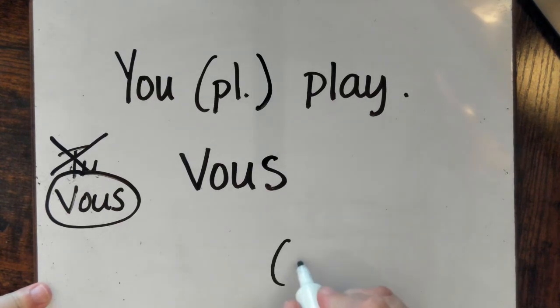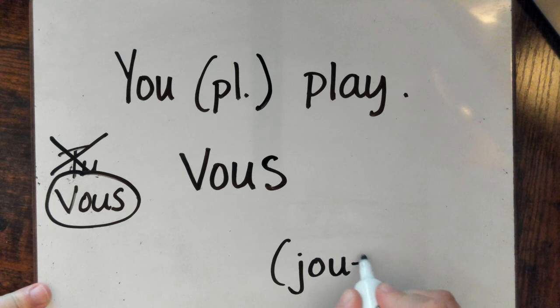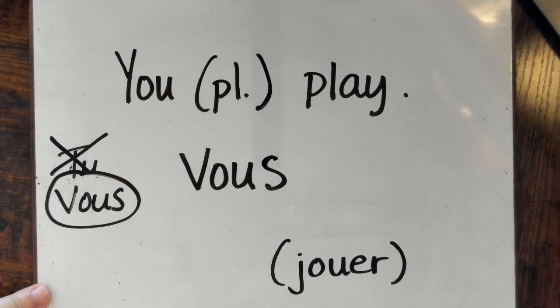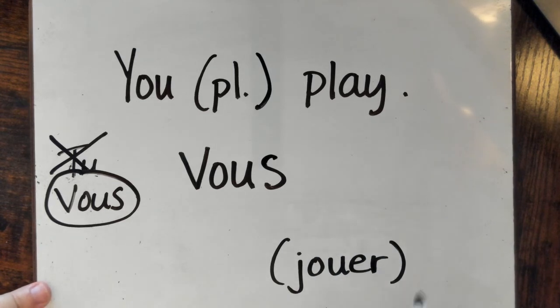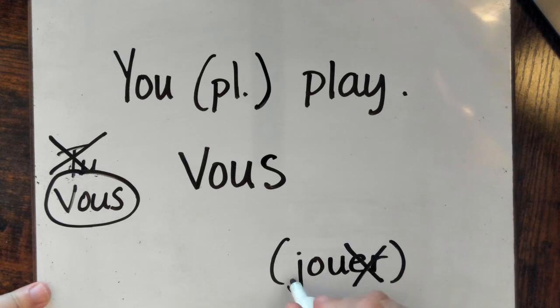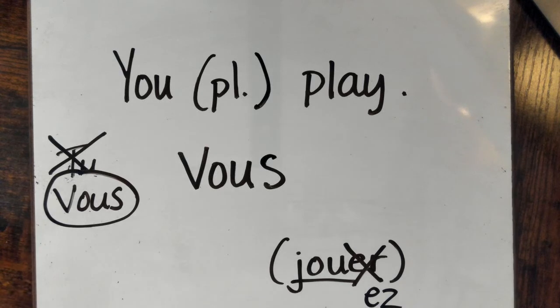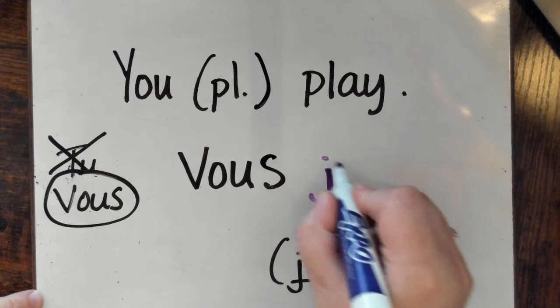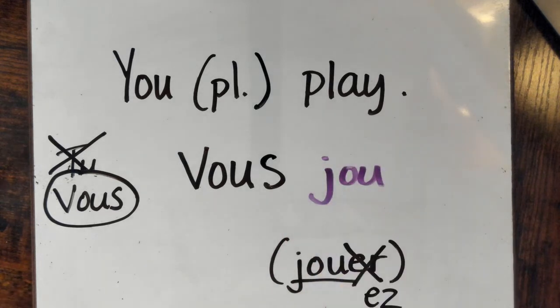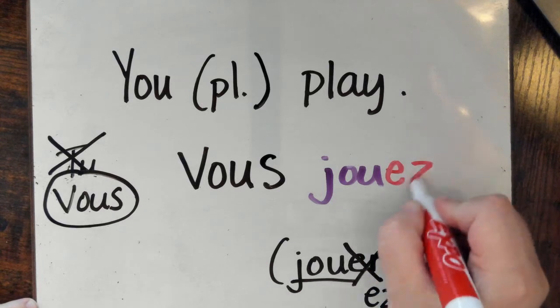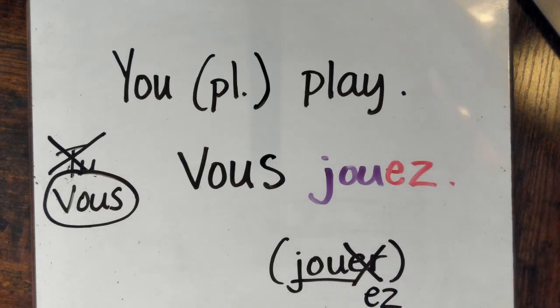So the infinitive is jouer, and then we need to conjugate that. So we take off the er, here's our stem, and then you add the ending that goes with vous, which is easy. So we have vous, here's our stem, J-O-U, and then the ending, easy. Vous jouez. You play.